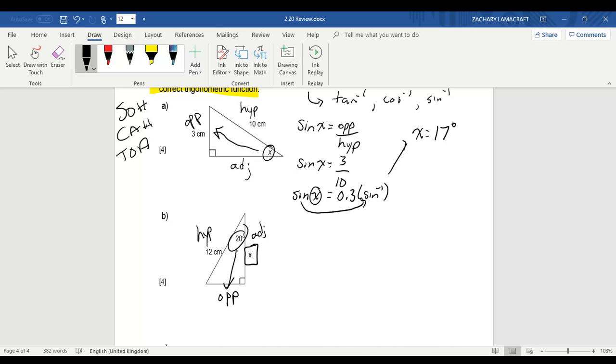So there's nothing by the opposite, so we're using hypotenuse and adjacent because we want to find that x. So we need A and H. O and H, no, we need A and H. Cosine, A and H, perfect. So we know we're going to use cosine.